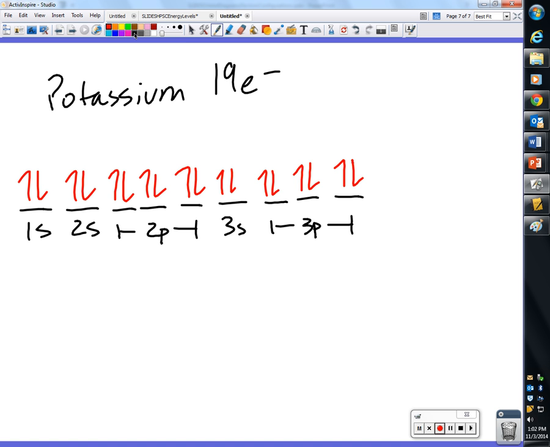4s. Now, going in order, we talked about the other day that 3p is followed by 3d. But what we find out is that 4s is actually a lower energy than 3d.